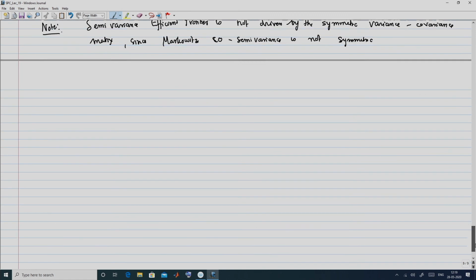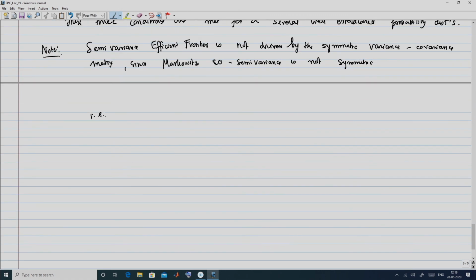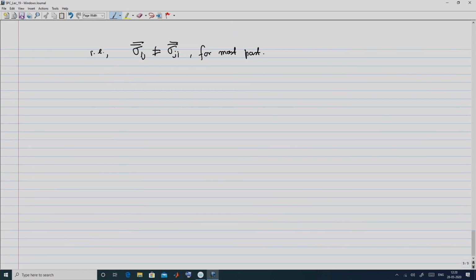That is, sigma i j double bar and sigma j i double bar are not equal for the most part. So, now I have abruptly brought about this sigma i j double bar and sigma j i double bar.